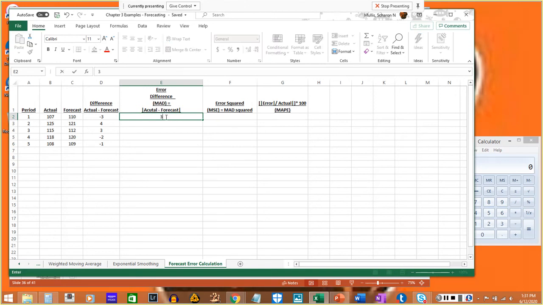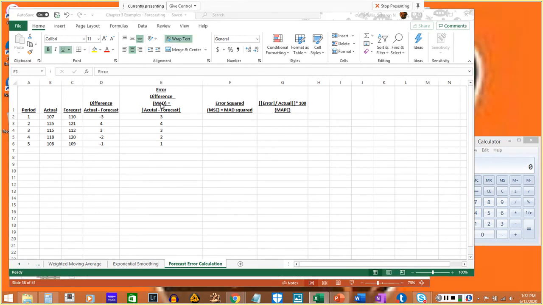So you have a 3, a 4, 3, 2, and 1. That would give you your mean absolute deviation for each period. For period 1, the mean absolute deviation is 3. For period 2, it's 4. For period 4, it's a positive number, 2. And for period 5, it's also a positive number, which is 1.